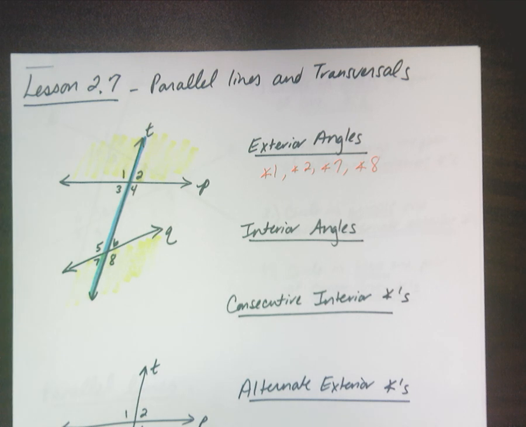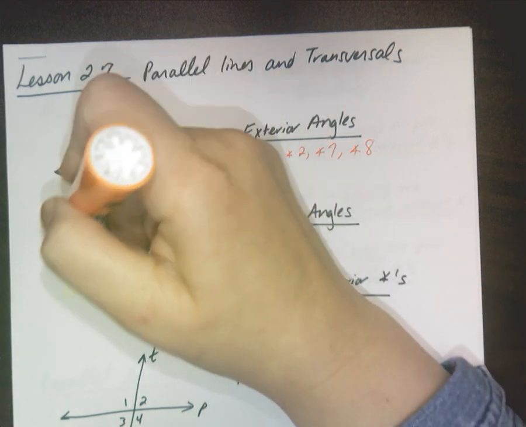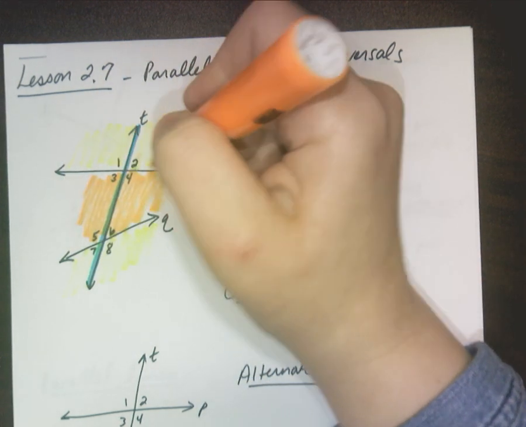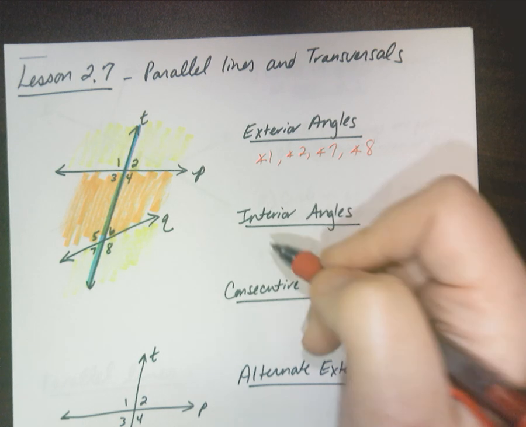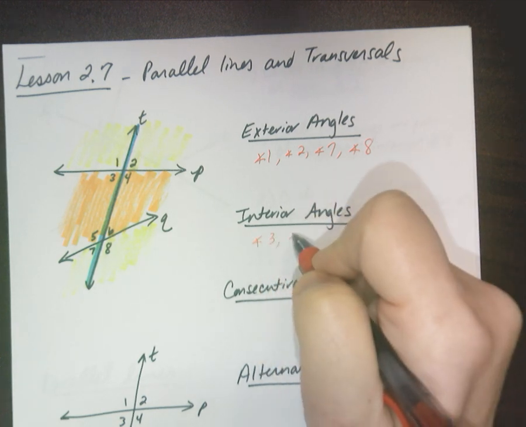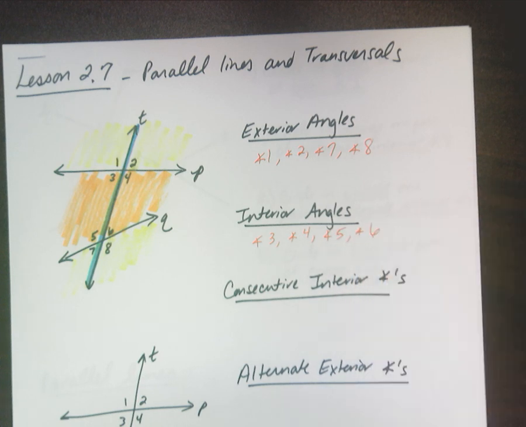Okay? Then interior angles, obviously those would be on the inside within this region. So that would be angle 3, 4, angle 5, and angle 6. Those are your interior angles.